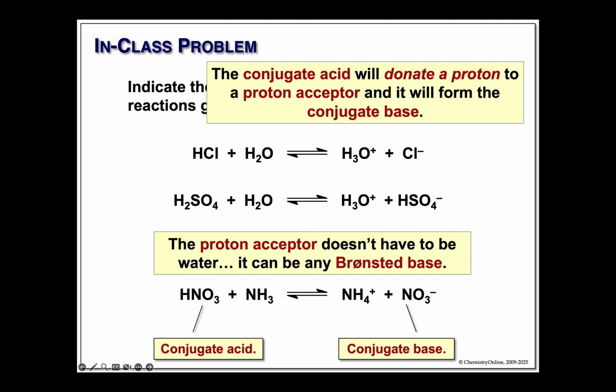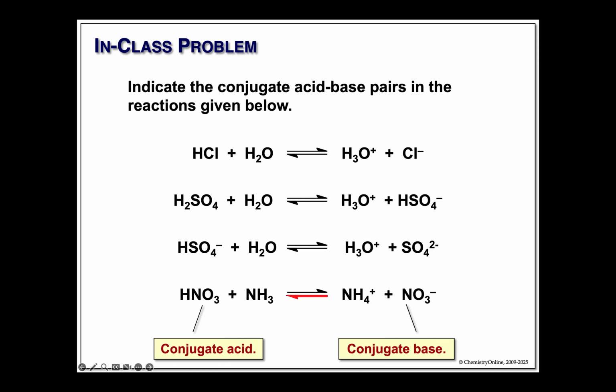Now, one year I put this on an exam. I was feeling adventurous, but I didn't put it this way. I gave the reaction looking just like that, but I said, identify the conjugate acid-base pair for the reverse reaction. That is, going that way. Now, the rules are still the same.